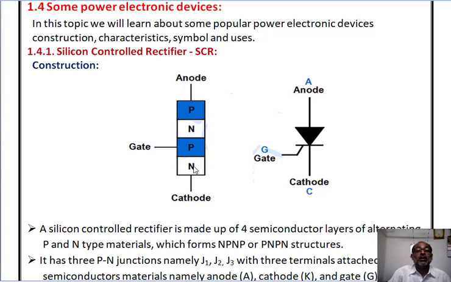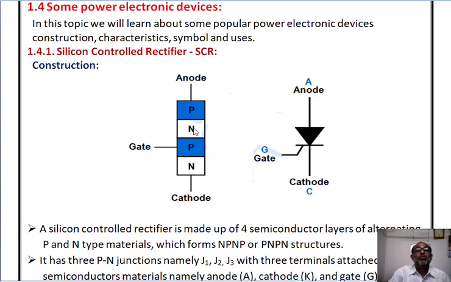Now the anode terminal is taken out from the first P-type layer, the cathode terminal from the last N-type layer, and the gate terminal from the second P-type layer. So that's why SCR is a 4-layer, 3-junction device.